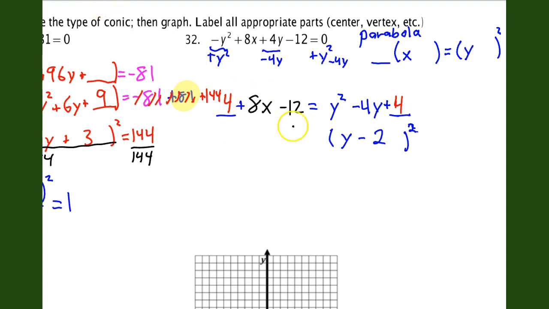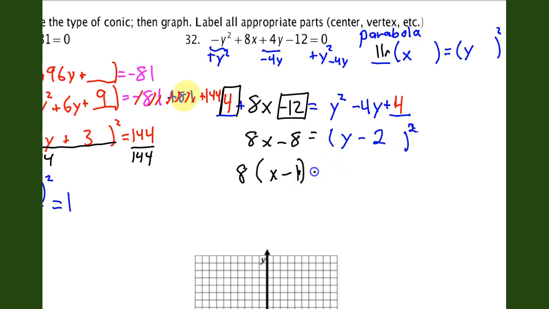And that'll leave me with a square on the right-hand side. And on the left-hand side, I'll have 8x, and now 4 minus 12 gives us minus 8. And remember, we want to have that LR here on the left-hand side outside the parentheses, so we are going to factor out this 8. So I'll have 8 times (x minus 1) on the inside, and then we'll have (y minus 2) squared on the right-hand side.